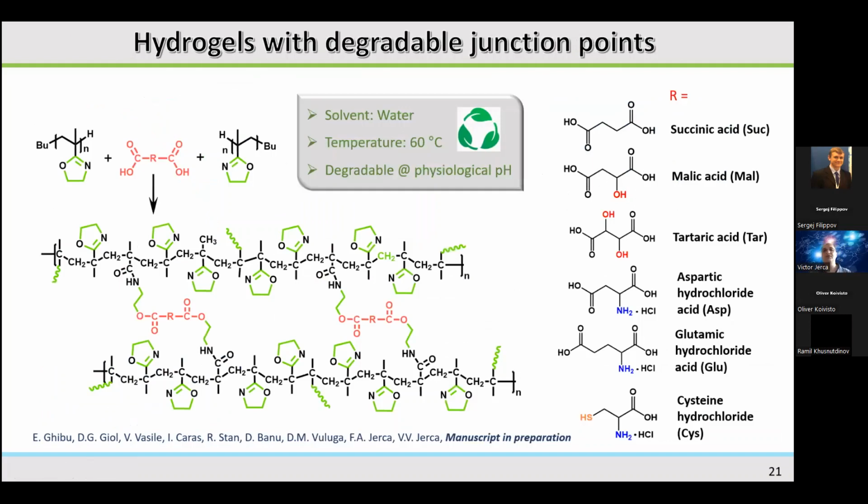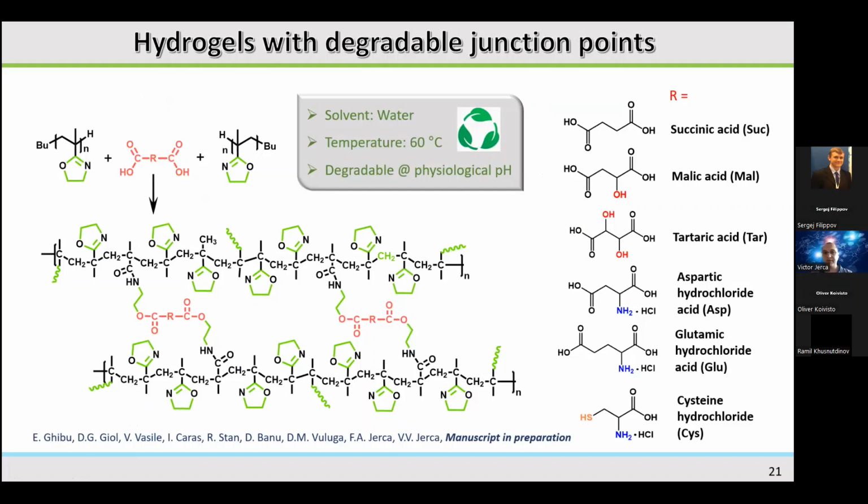Previously we used quite, let's say, harsh conditions. We used a solvent, dimethylacetamide, and a high temperature, 140 degrees, for the synthesis of the hydrogels. We were quite unhappy, so we wanted to move a little bit closer to bio application.